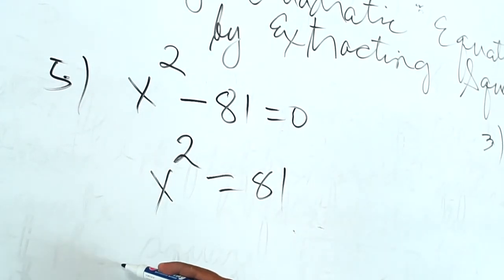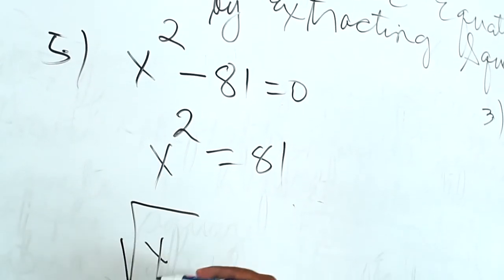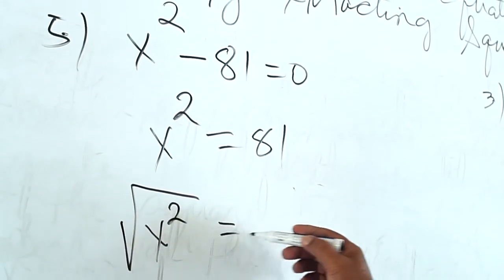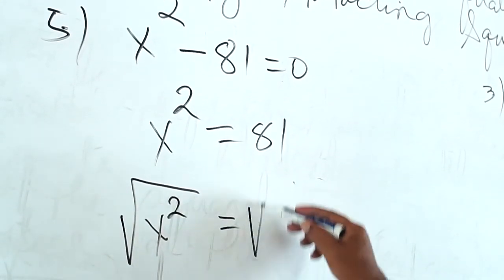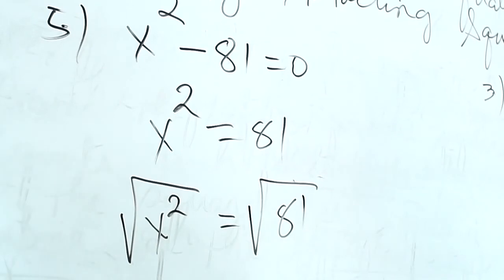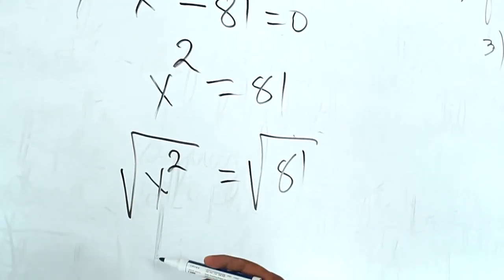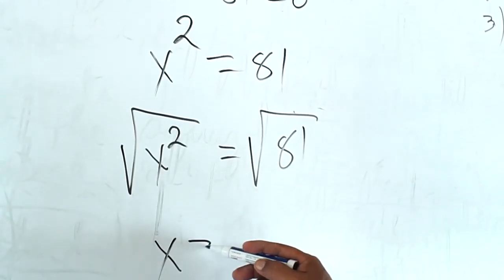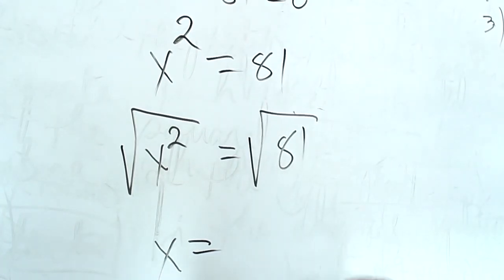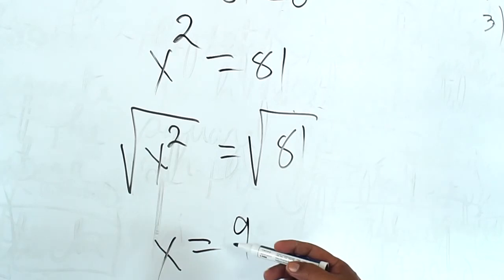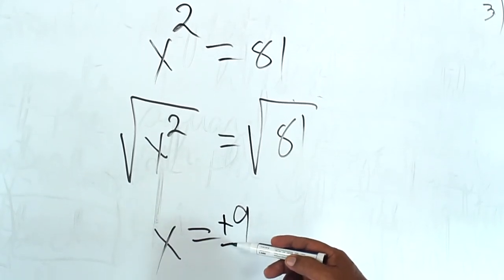The square root of x squared is x, and the square root of 81 is 9. So the answer is x equals positive 9 and negative 9.